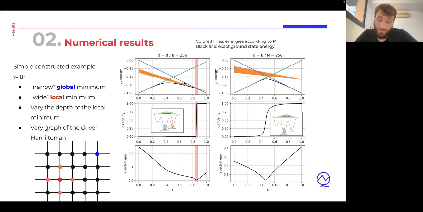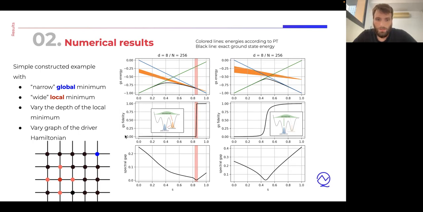The blue is again the energy of the global minimum state, and the orange is the region where we would expect the energy of the state that's localized in the local minimum. Since we have only bounds on it and don't have it exactly, it's a broad region. And the red shaded area is the area in between the bounds that we derived.